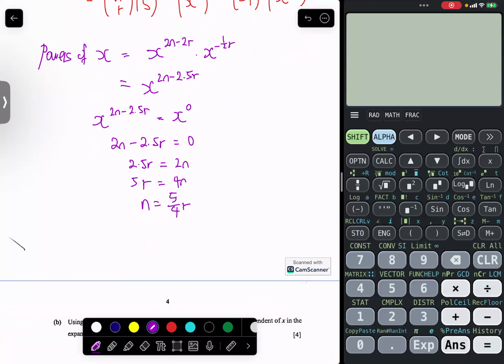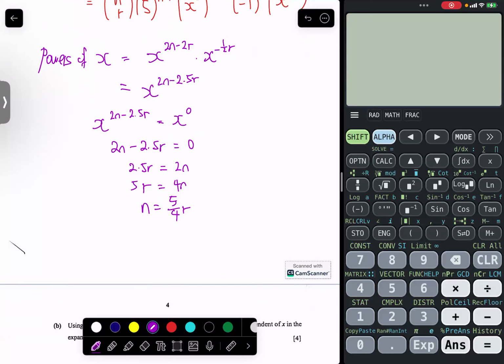Since n and r are both integers, r must be a multiple of 4. Only by being a multiple of 4 can we get rid of the denominator. So r must be equal to 4, so that n must be equal to 5. That's the smallest value that we can get. So n equals 5.